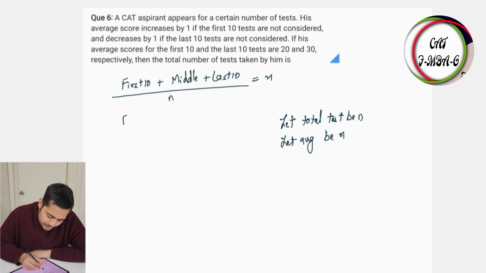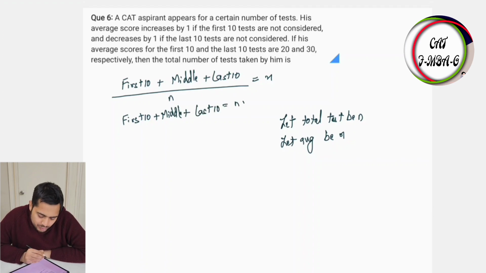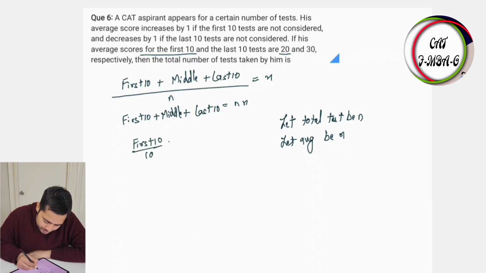So first 10 plus middle plus last 10 is equal to nx. Also it is given that the average score for the first 10 is 20. So first 10 divided by 10 is equal to 20. That implies first 10 is equal to 200.